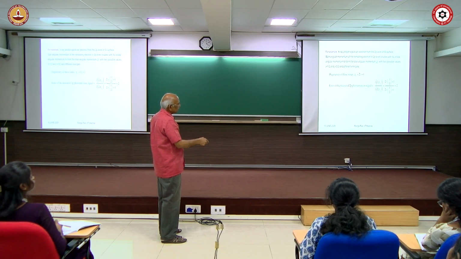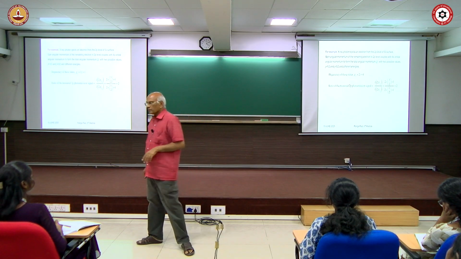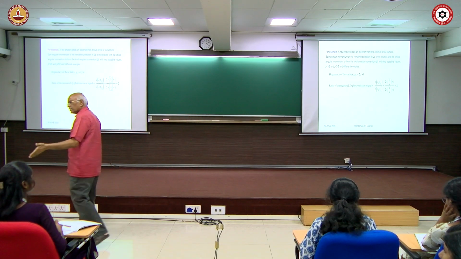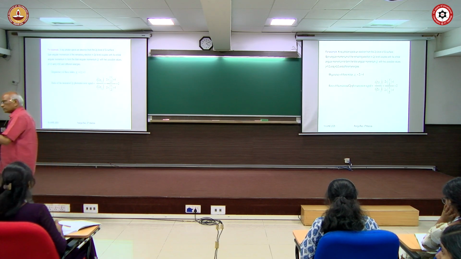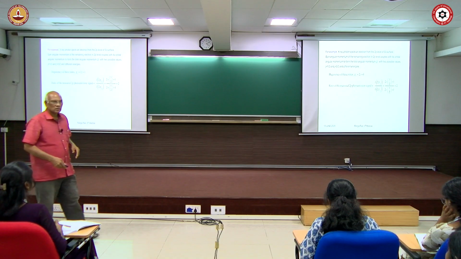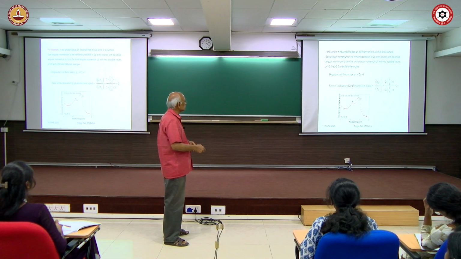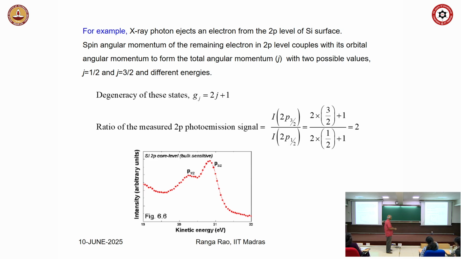Theoretically, that should also be equal to 2, right? Similarly for d orbital, f orbital, etc. You have to remove the background and then calculate that. You will be able to get that.